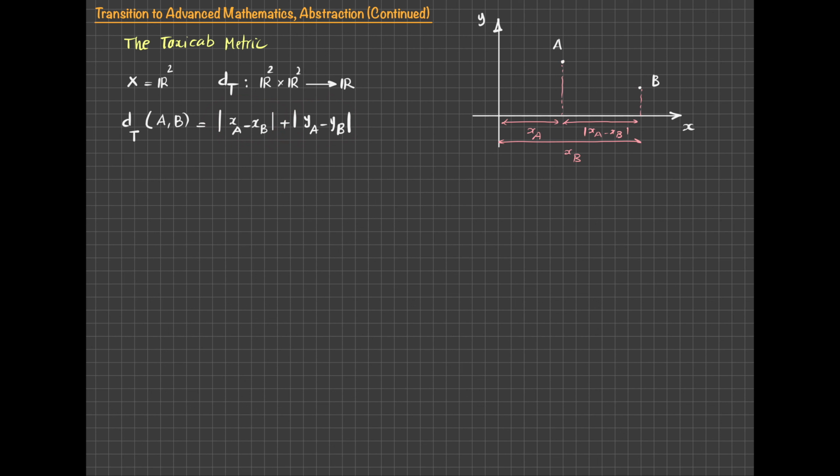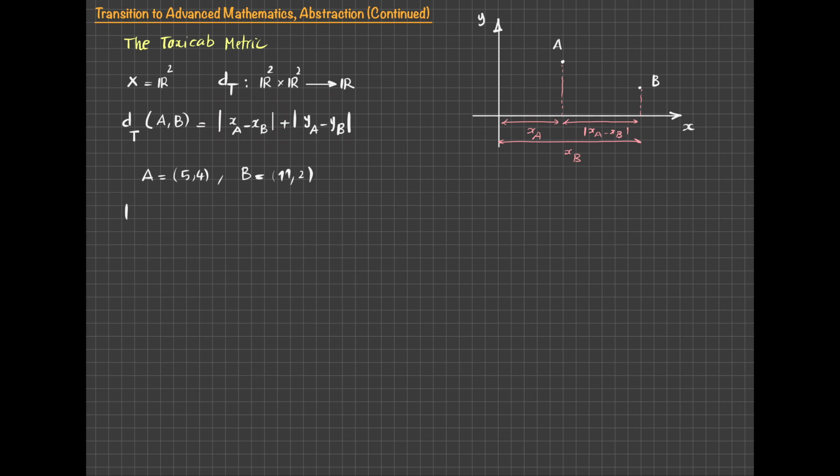For example, in this problem, A has coordinates, so let me count them, 1, 2, 3, 4, 5, and then 1, 2, 3, 4. So it's 5 and 4, and B is equal to 6, 7, 8, 9, 10, 11, and the y coordinate is just 2.